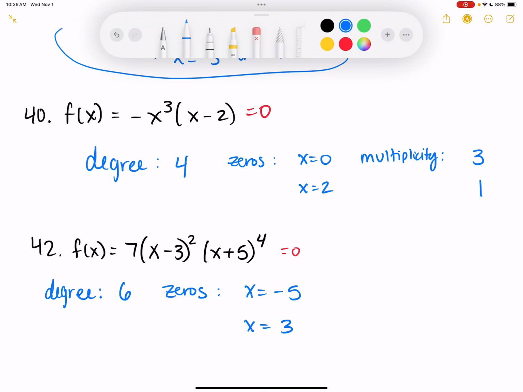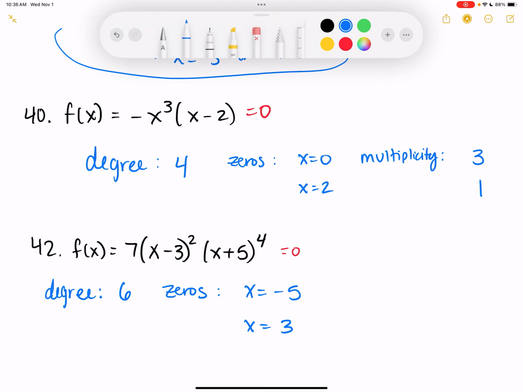Yes. It's just irrelevant. There's no x there. If there was an x there, then obviously we would have an x equals 0 again. But that 7, when it's set equal to 0, just disappears. So it was a trick question. So if we had an x on that 7, then would this be a degree 7? Yes. If it was a 7x or even just an x, it would be a degree 7 instead.